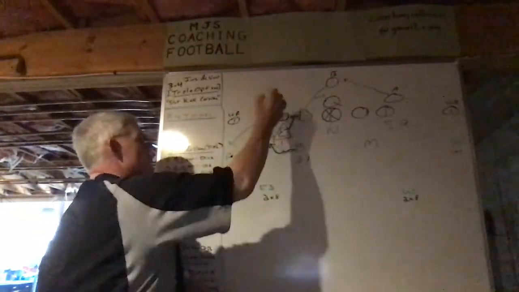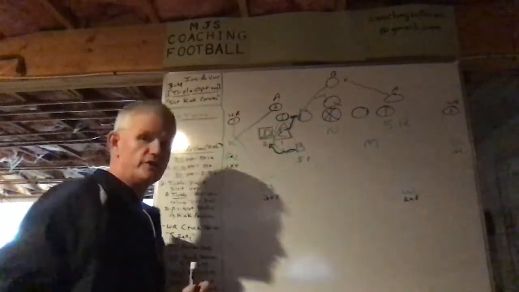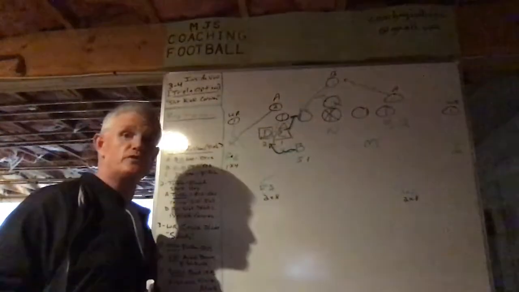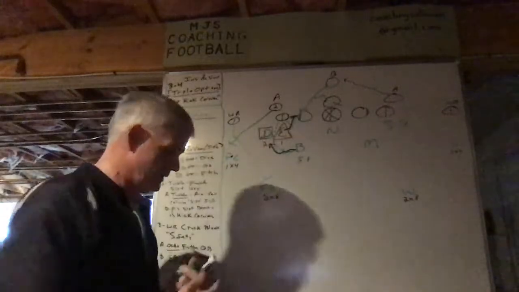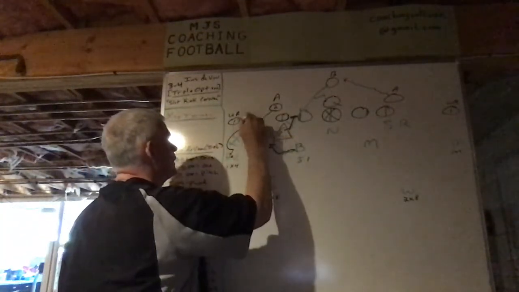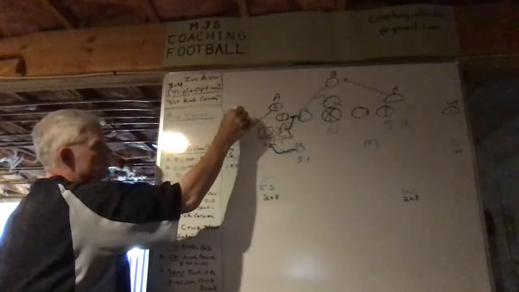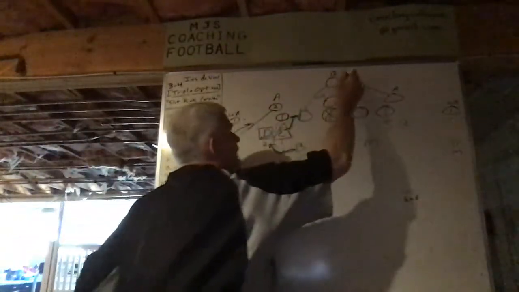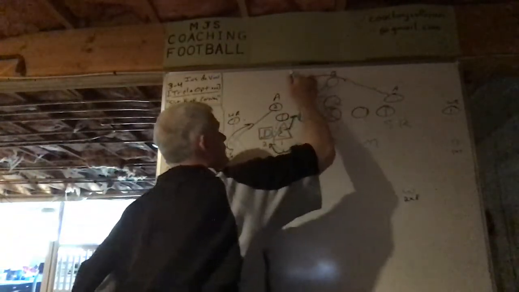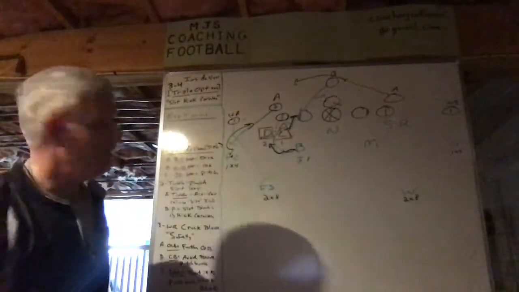So the slot's kicking out the corner. Wide receiver is working to try and crack block the safety. Okay, this is working to the backfield shoulder, the pitchback, we say. So work toward the pitchback, which is over there.